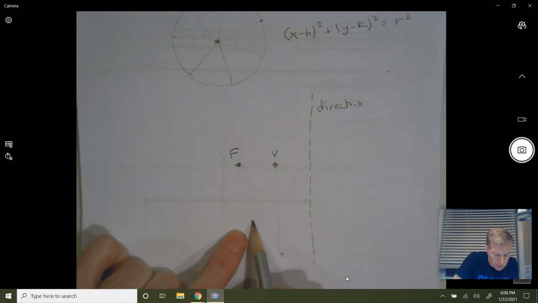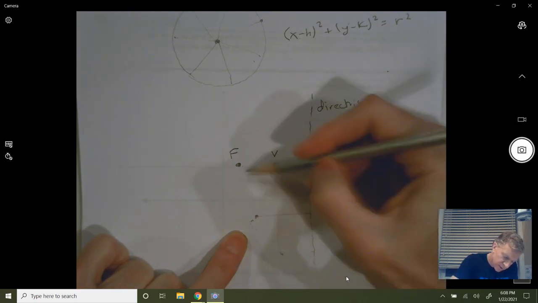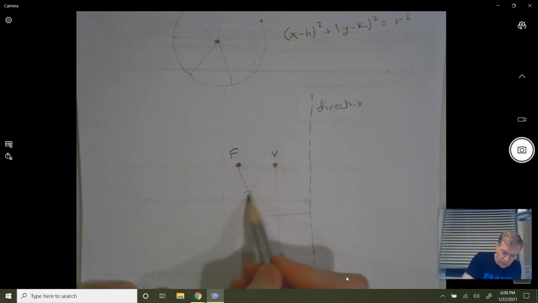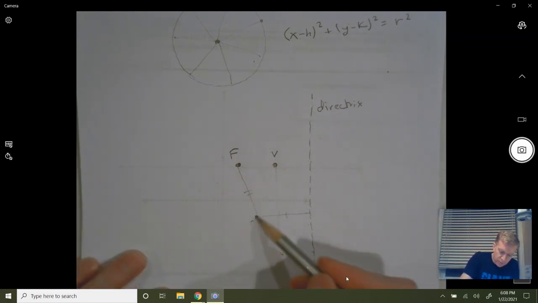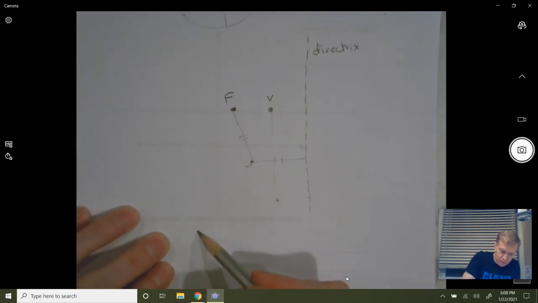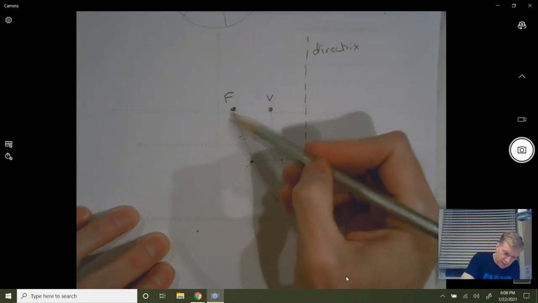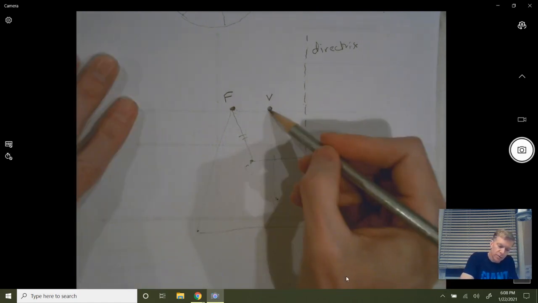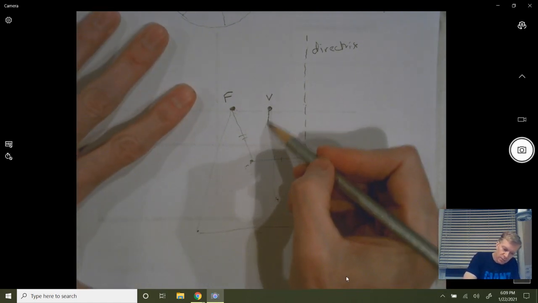Let's see if that looks about right. Does this distance look like it's the same as this distance? And that looks like those might be about equidistant. As I move further away, oops, maybe you can't see that now. This distance has to be equal to this distance. Okay, so as you move further away from this vertex, you're also moving further away from the line.